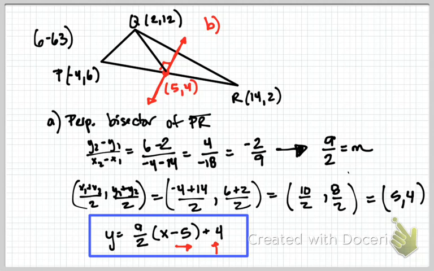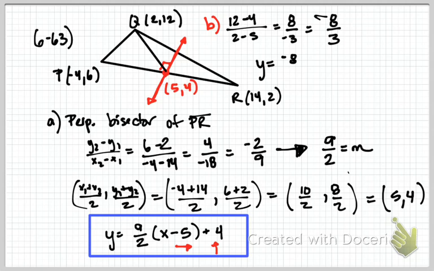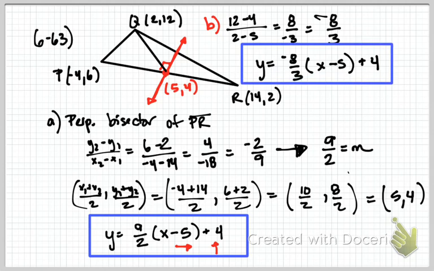So 12 minus 4 over 2 minus 5, which is 8 over negative 3, negative 8/3. And it's passing through 5, 4. We can use either of those points. So now we can write our equation: y equals negative 8 over 3, x minus 5 plus 4, because it goes through that point 5, 4.